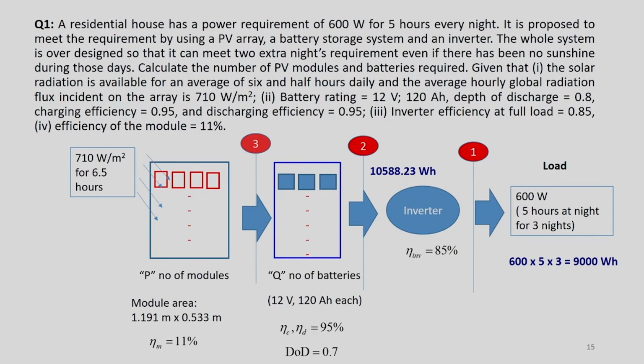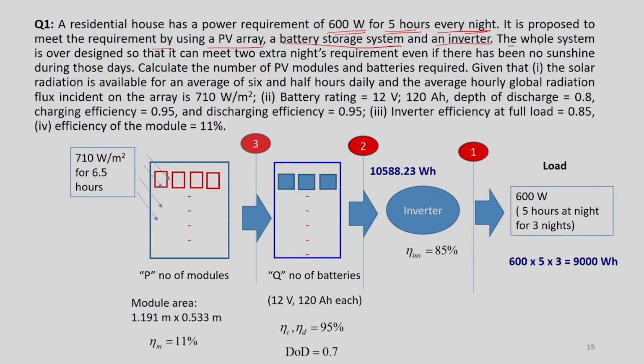So, let us take an example to understand how we can design a standalone PV system, right. This example goes something like this. A residential house has a power requirement of 600 watt for 5 hours every night, and it is proposed to meet the requirement by using a PV array, a battery storage system and an inverter.